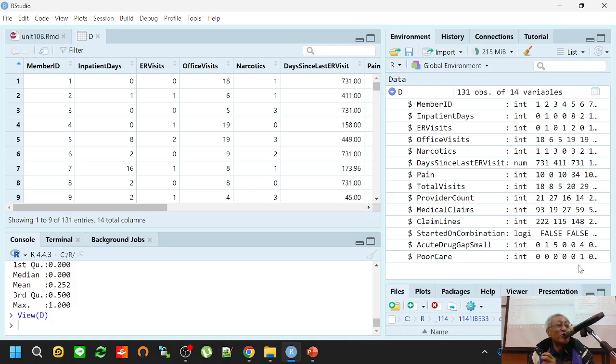So if the probability is high, maybe you want to take some action, to do some preventive care so that their expense can be reduced, their risk of complication can be reduced, and so is the expense.